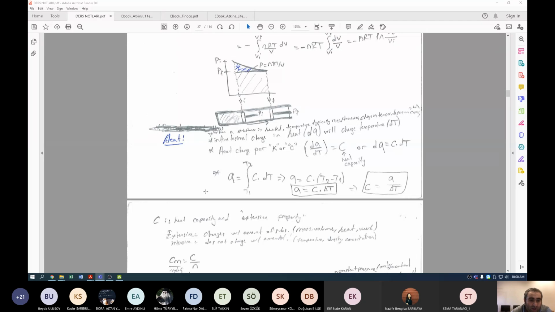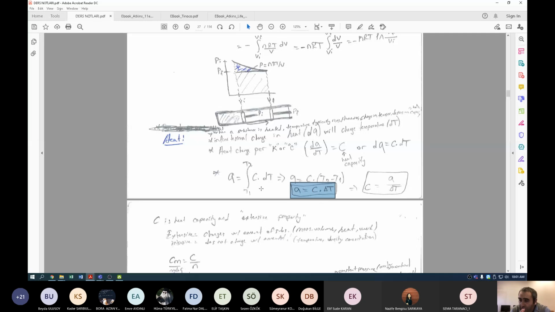Okay, and heat, we described as the integration of heat capacity times dT. The result was, when the heat capacity is assumed as temperature independent, that Q, the heat, is equal to heat capacity times temperature change.